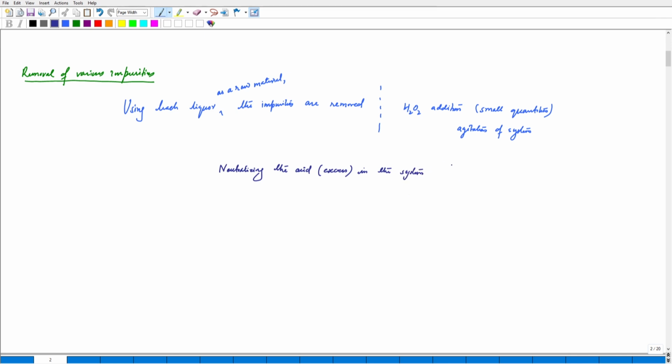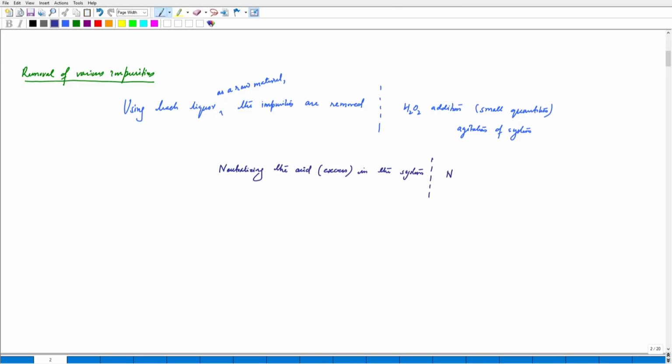The system basically comprises the solution, leach liquor. So how do we do that? This can be done by adding various materials, various reagents, various chemicals that can actually balance, then neutralize the excess acid. So the common materials that could be added are NaOH, CaCO3, CaO.